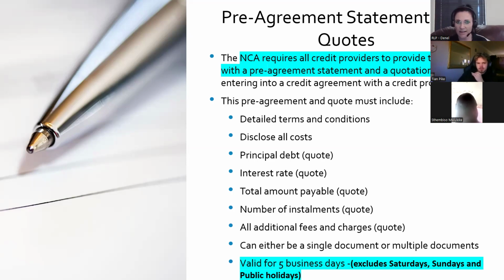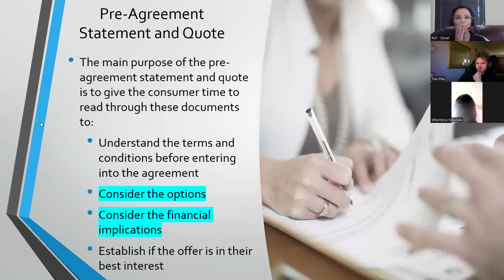They will ask this in the exam. They ask you, when referring to a business day, which of the following statements are correct? And you have to know that it excludes Saturdays, Sundays, and public holidays. Okay. So why does the NCA focus so much on providing your consumer with a pre-agreement statement and quote?